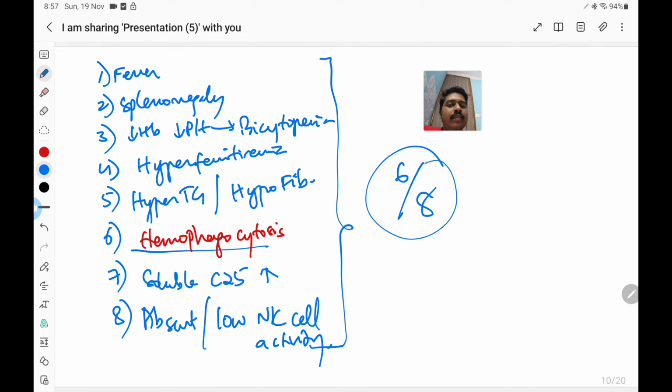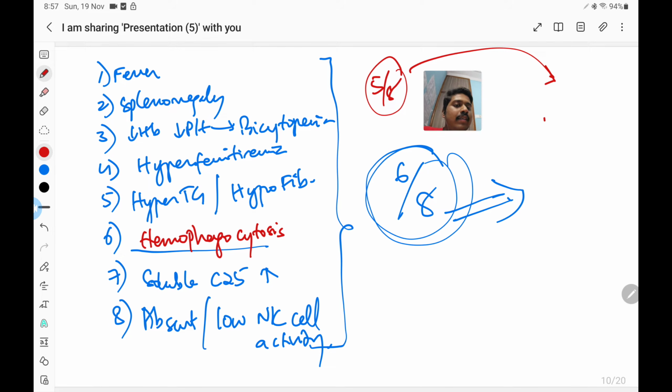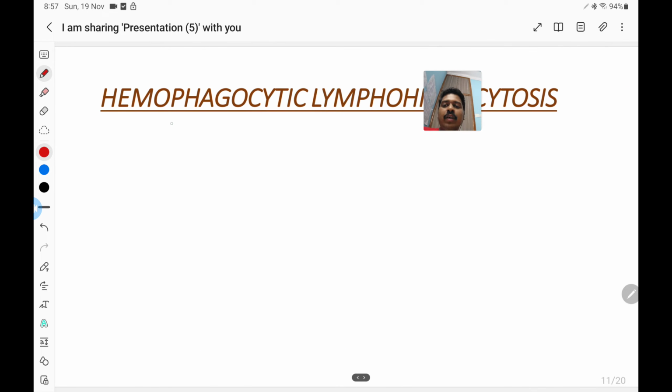So 6 out of 8 criteria were fulfilled. Actually, 5 out of 8 is enough to prove the diagnosis of something called HLH, or hemophagocytic lymphohistiocytosis. So what is hemophagocytic lymphohistiocytosis, and why did our patient have this feature?